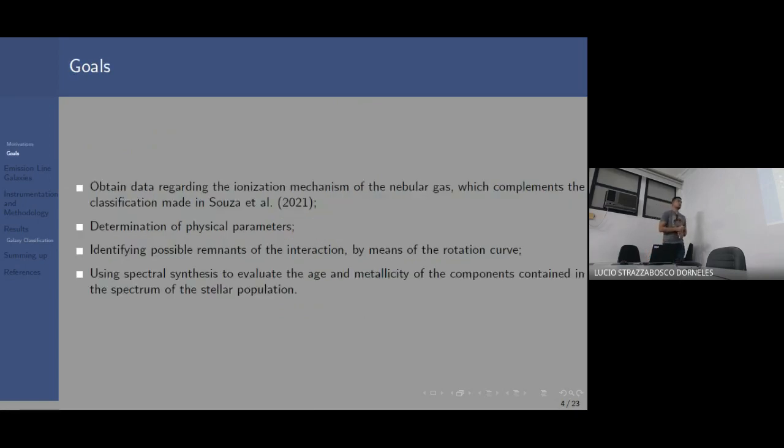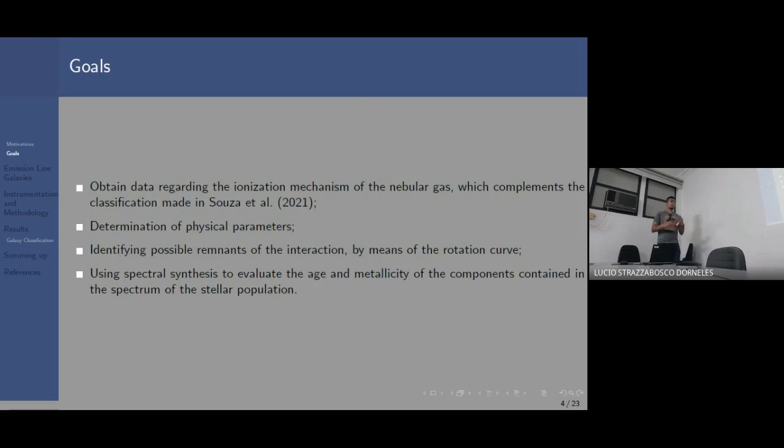Our goals here are to obtain data regarding the ionization mechanism of the nebular gas, which complements the classification made in an article that we published in 2021. Determine some physical parameters and identify possible remains of the interaction by means of the rotation curve.